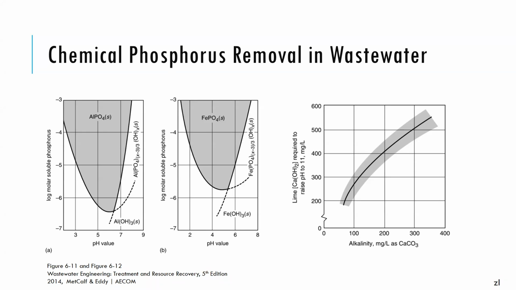The other takeaway, on the right-hand side, is a plot of alkalinity versus, in this case, the amount of alkalinity that you would need to raise to pH 11.